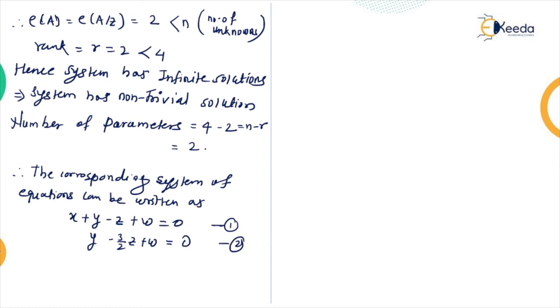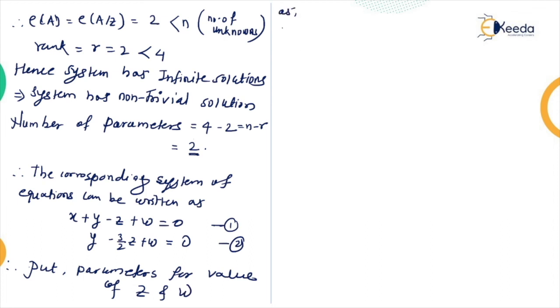Assigning the variables z and w, how many parameters do we have to take? Two parameters. So we put parameters for the values of z and w: put z equal to t1 and w equal to t2.